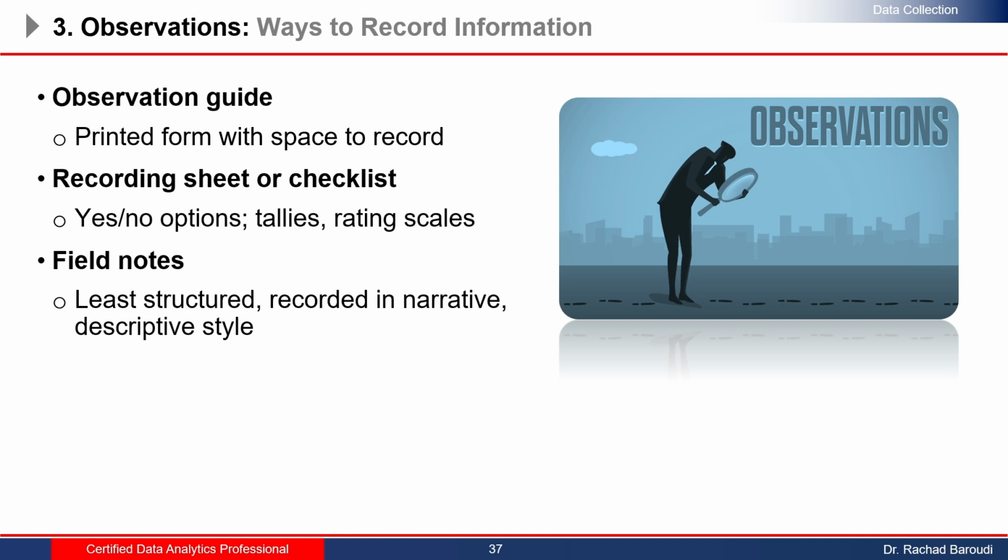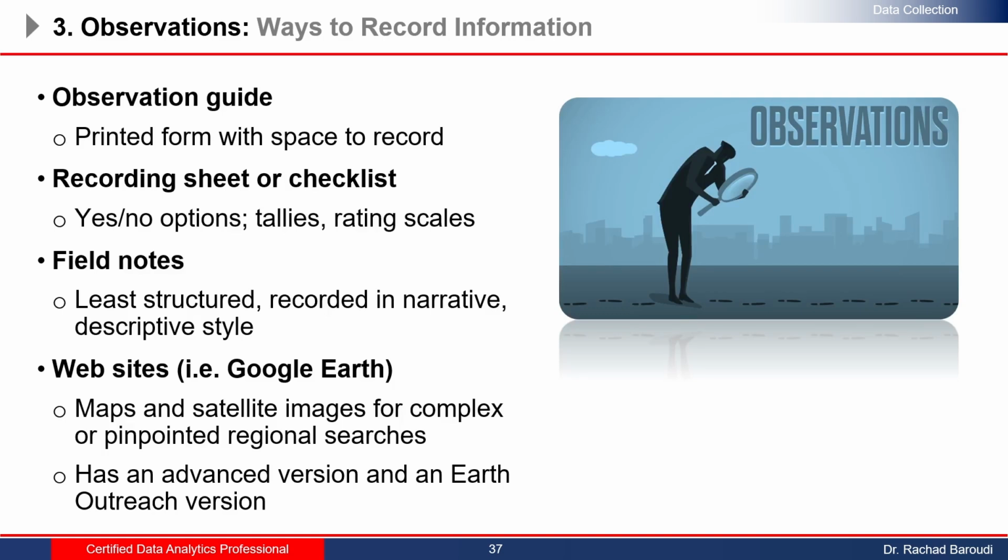Field notes, this is the least structured, so it's an open-ended way of recording a narrative and descriptive style, which is the hardest to do. Also websites, for example, like Google Earth, maps and satellite images for complex or pinpointed regional searches, and sometimes using advanced versions for Google Earth, like Earth Outreach version.